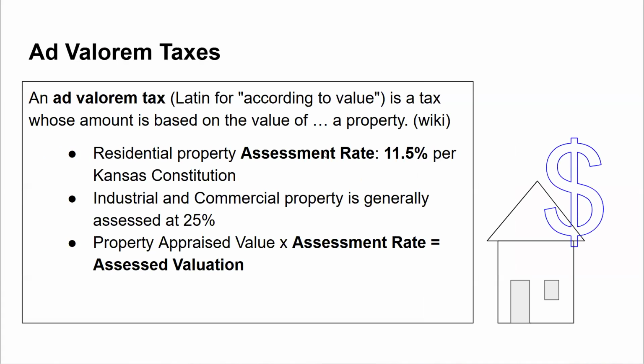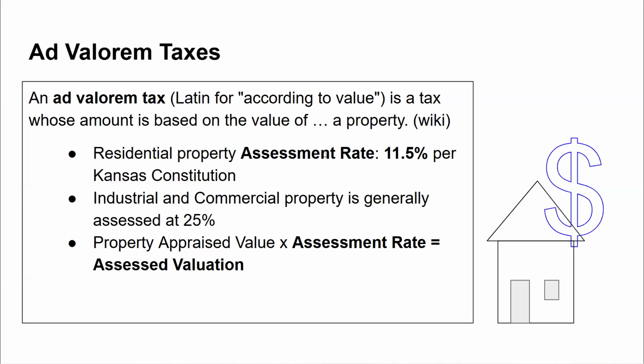So we talked a little bit about ad valorem. What does ad valorem mean? It's Latin for according to value, and it is a tax based on the value of a property. So in Kansas, the ad valorem tax is linked to the assessed valuation of property, which is in itself a formula. A property's appraised or fair market value is multiplied by an assessment percentage.